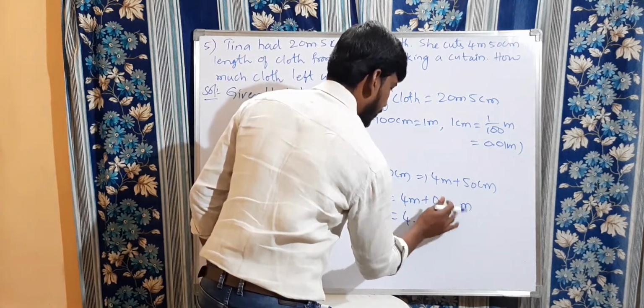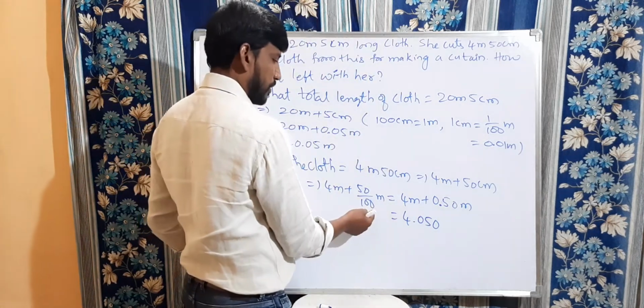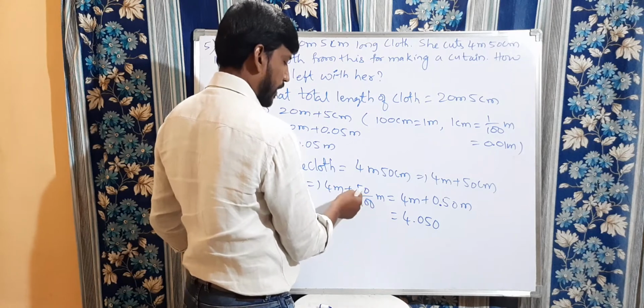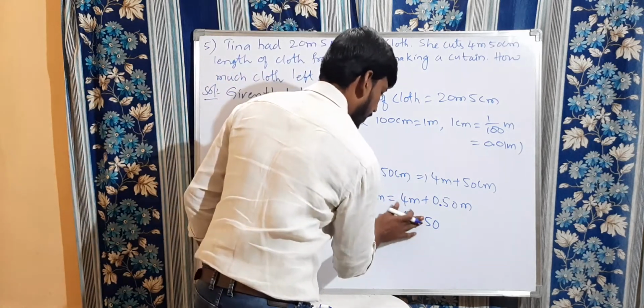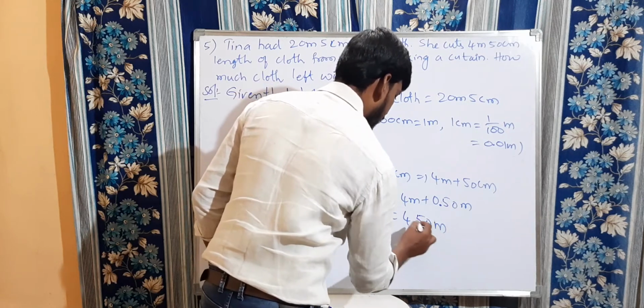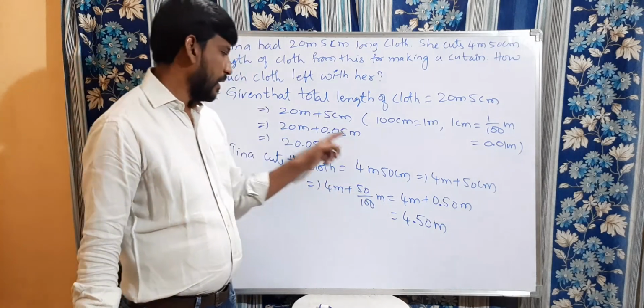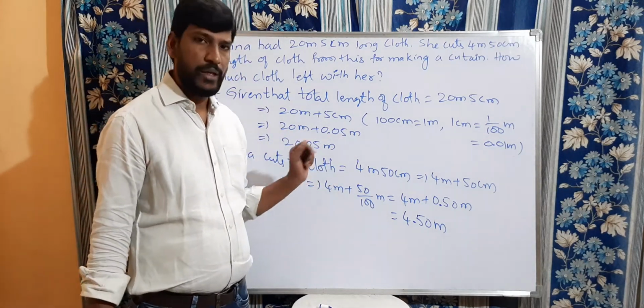Sorry children, 0.50 only. There are two zeros, so you will get 0.50. So here we will get 4.50 meters. Clear? 4.50 meters.